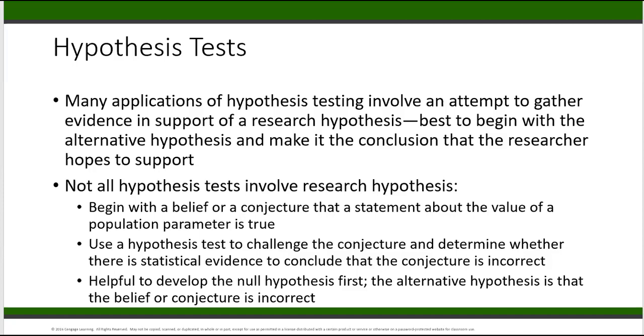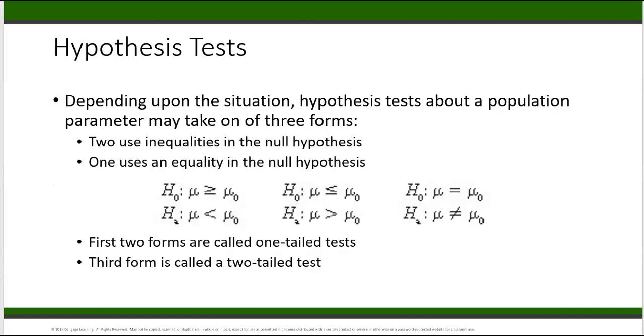So now we're going to look at examples of hypothesis sets, null and alternative, H0 and HA, null hypothesis and alternative hypothesis, for a one sample test of the population mean, mu.